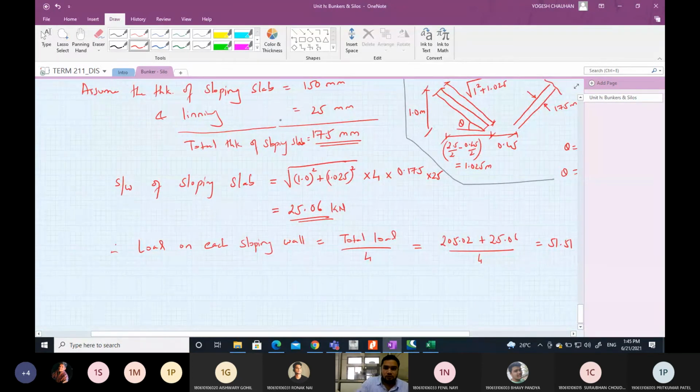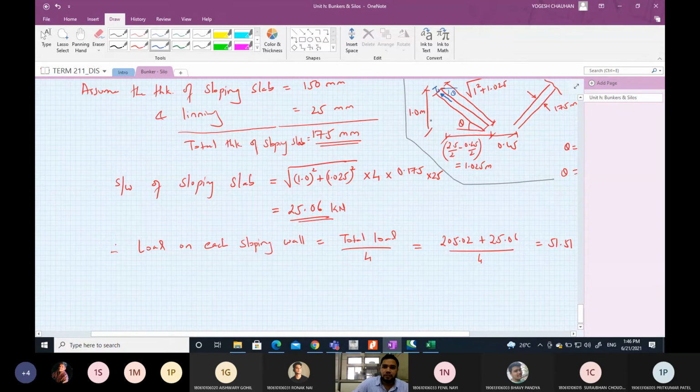So let us say Ts be the component of the tensile force in the sloping wall. So this is also theta.